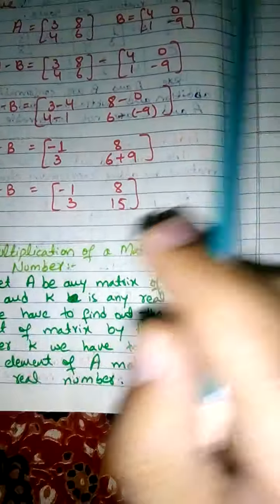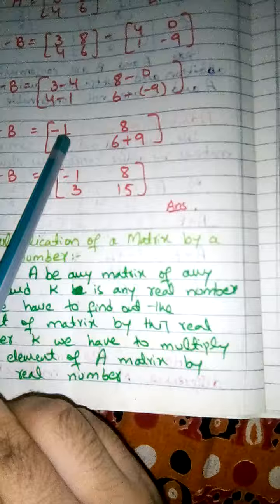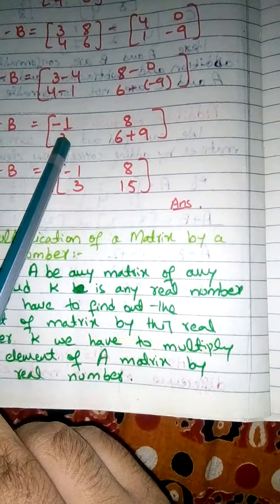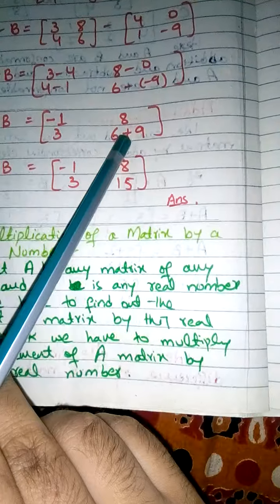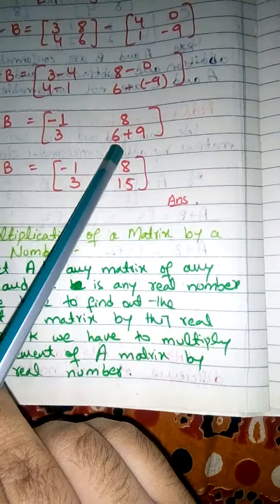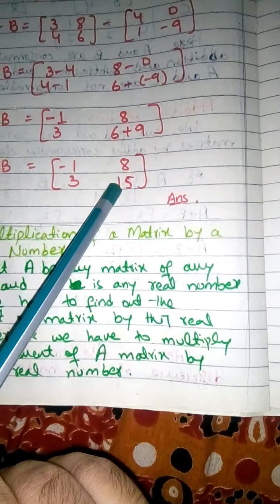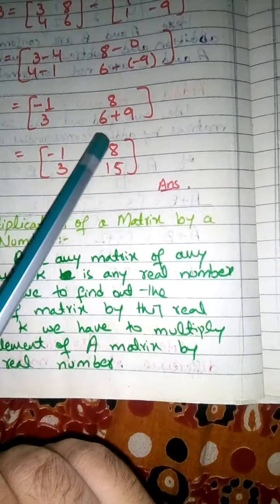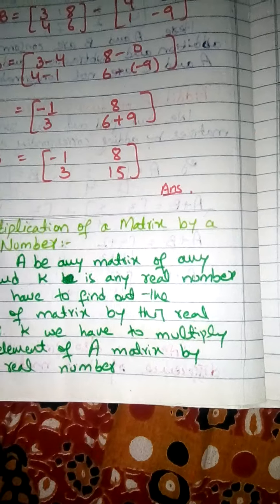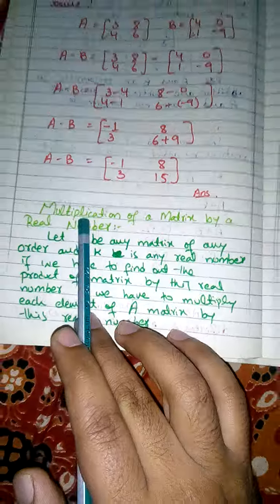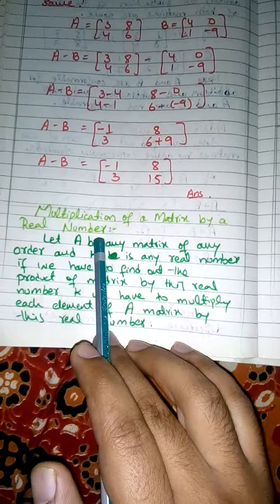Because the sign will change. 3 minus 4 is negative 1, 8 minus 0 is 8, 4 minus 1 is 3, and 6 minus minus 9 is plus 9. So in the last step we have to add these two numbers, and the answer is 15. So the result is -1, 8, 3, 15.